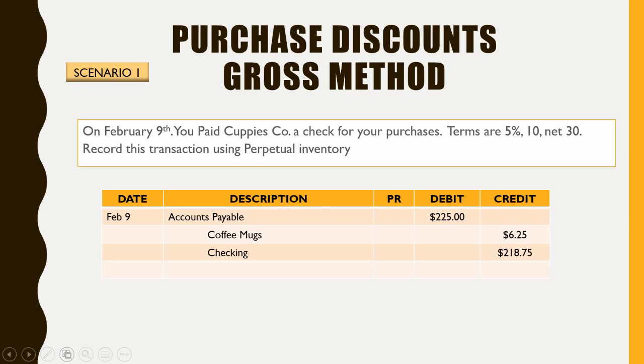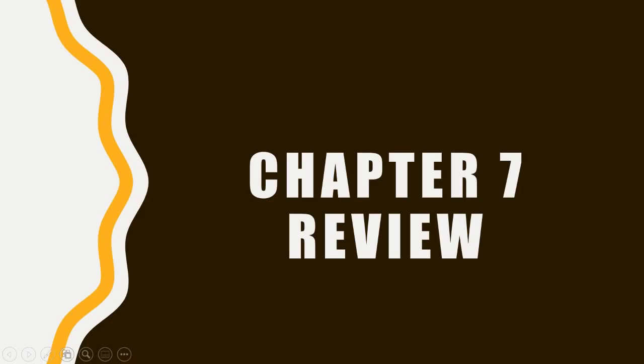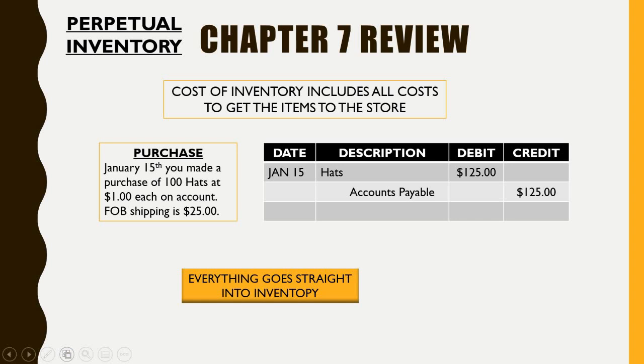And lastly, if we didn't make the discount period, no worries, because we originally placed it in for the full amount of $225. We just simply pay the full amount. That's it. Any questions in regards to chapter 7.1, 2, and 3?